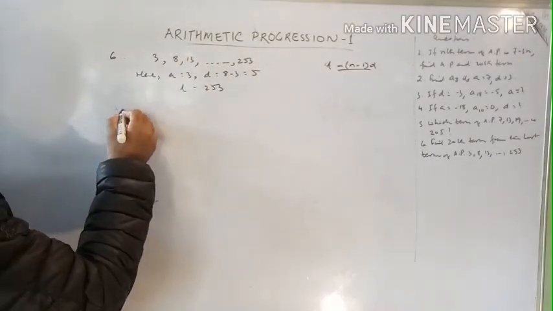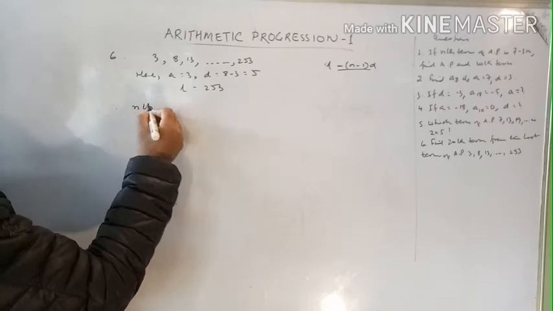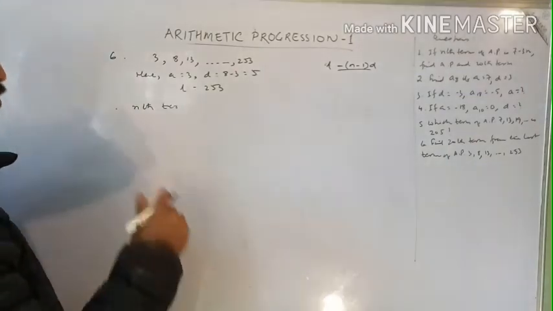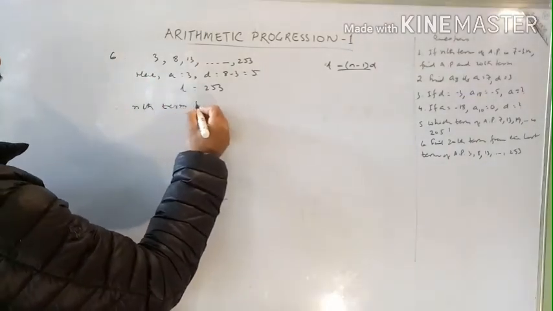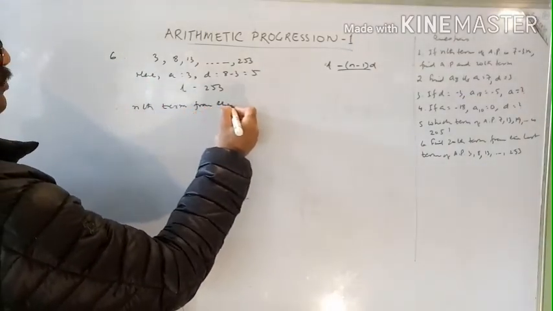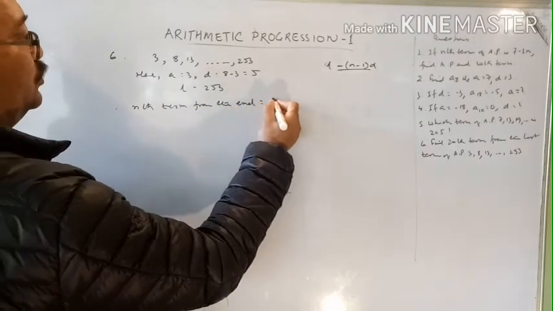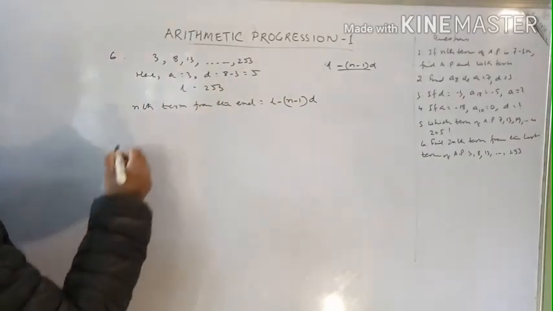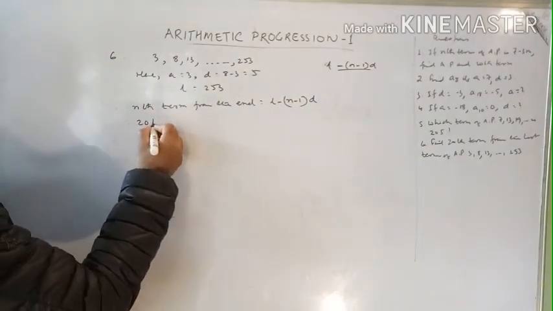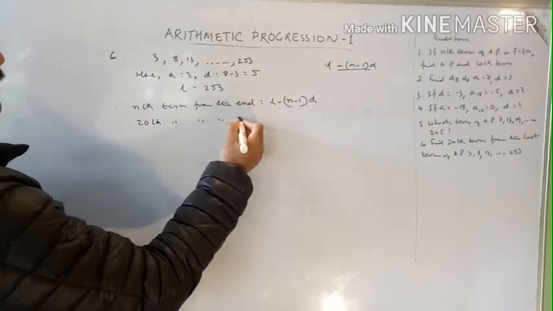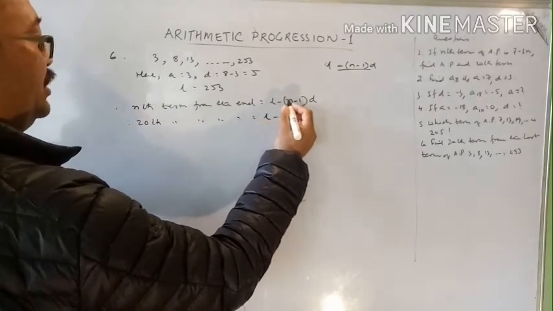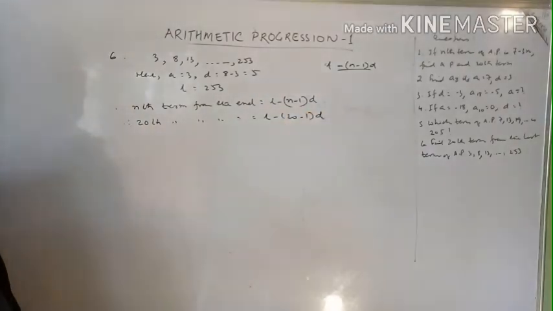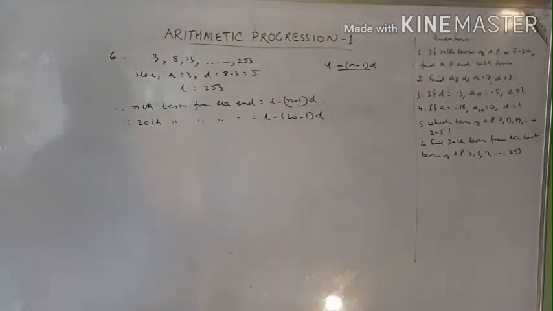So first write the formula: nth term from the end equal to l minus n minus 1 into d. So the 20th term from the end is equal to l minus 20 minus 1 into d, because n equal to 20.